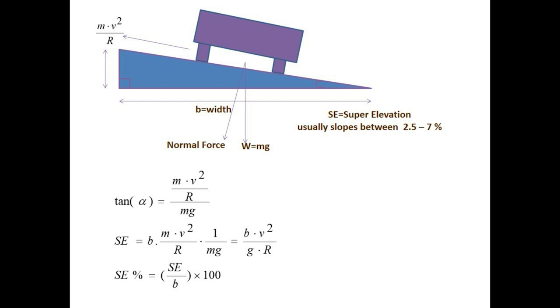The weight of the vehicle is given by W equal to mg. So in this triangle, tan alpha will be equal to mv square by r by weight mg. Then super elevation expression is given as S equal to B into mv square by r into 1 by mg, which is equal to bv square by gr.